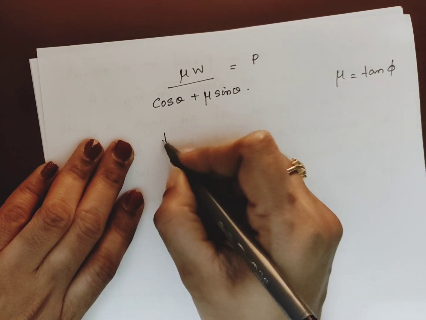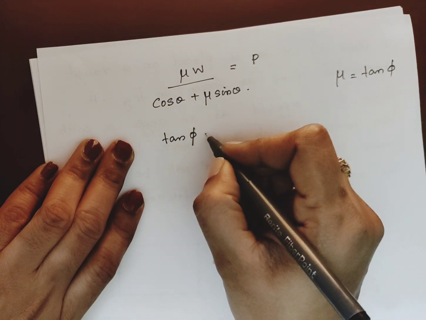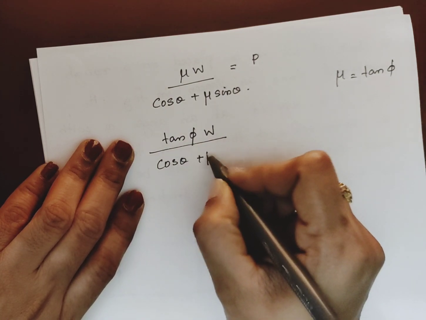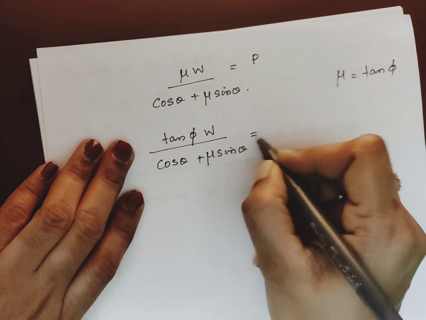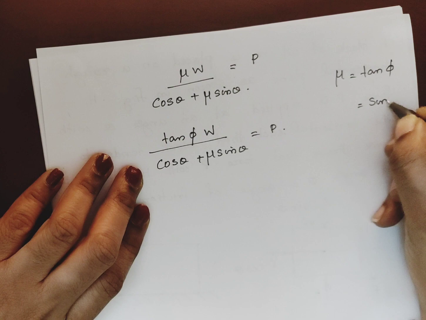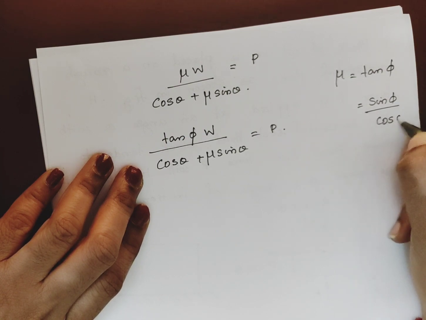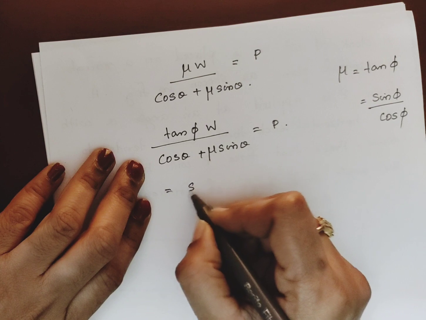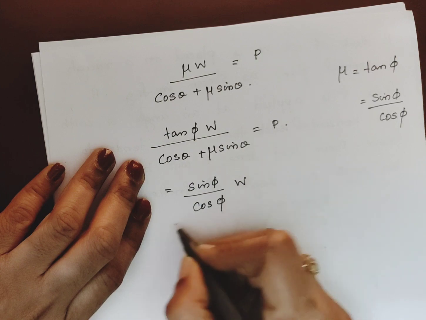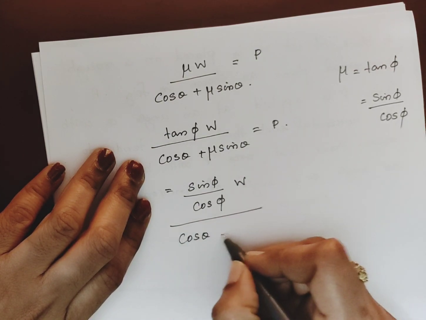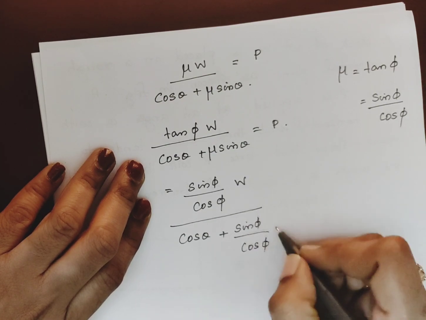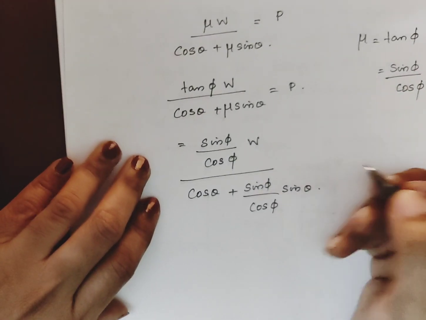So now you have to substitute tan phi into W divided by cos theta plus mu sin theta is equal to P. Tan phi, again you can write as sin phi by cos phi. So it is equal to sin phi divided by cos phi into W divided by cos theta plus sin phi by cos phi into sin theta.